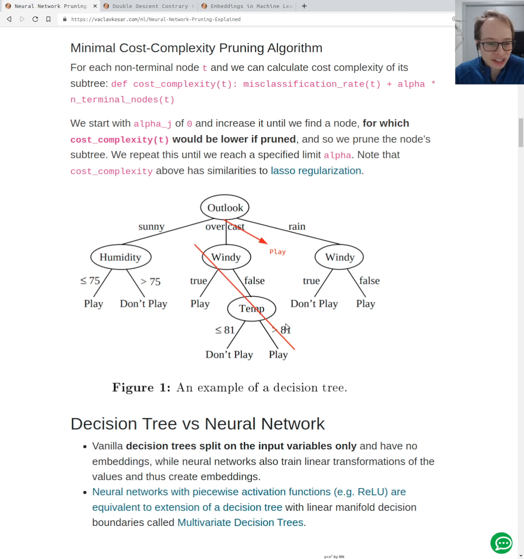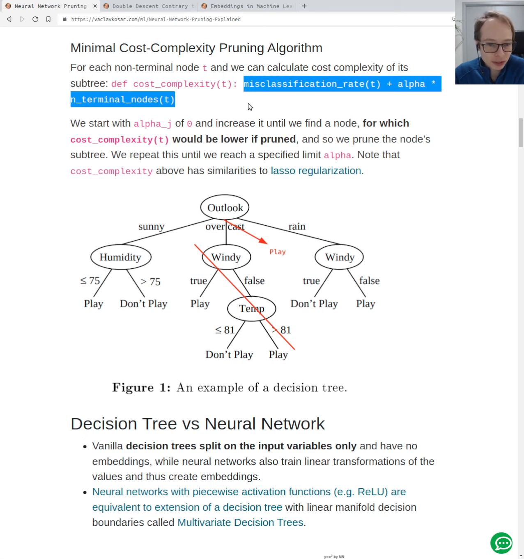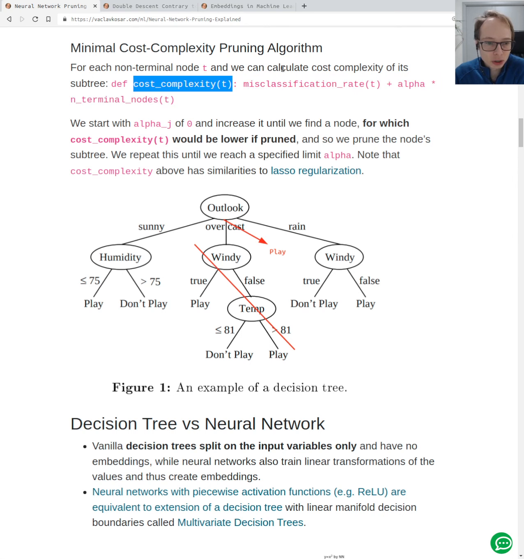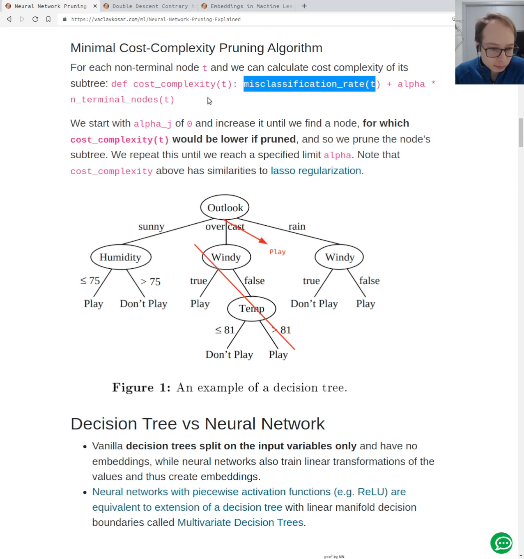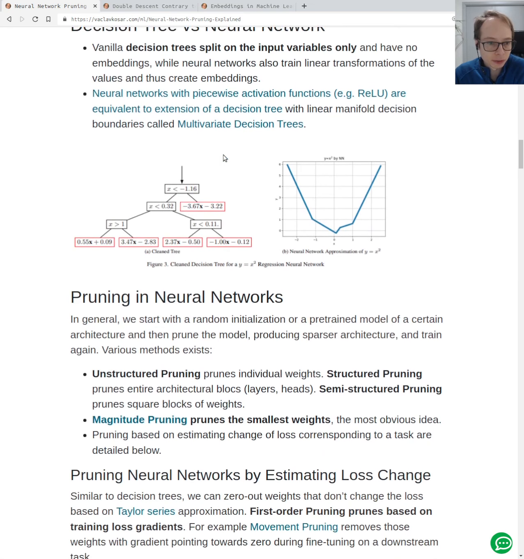Thus one of the first sub-branches the algorithm would cut would be this one as we increase the alpha. And this also reminds us of loss plus regularization, where we look at how the loss changes if we cut some part of the network.